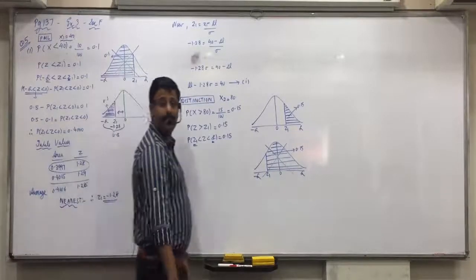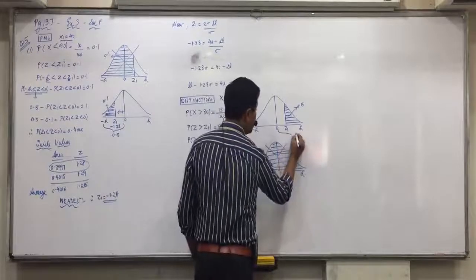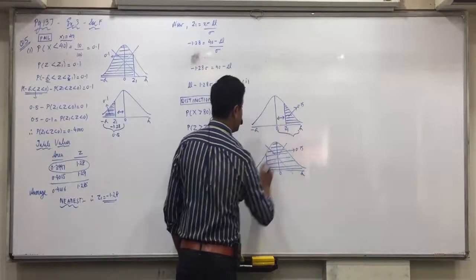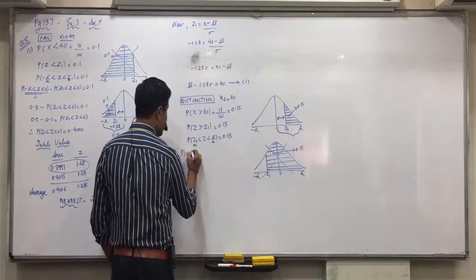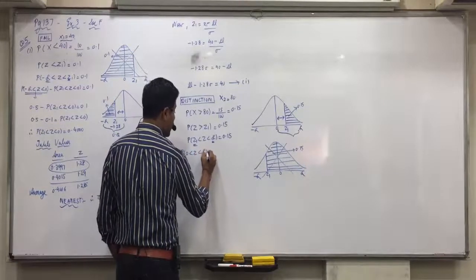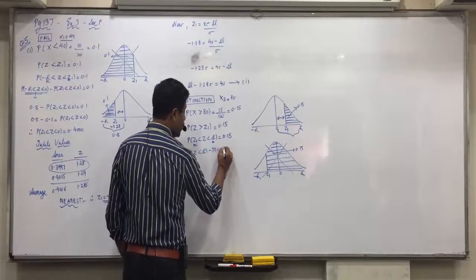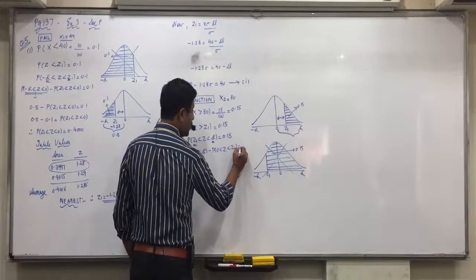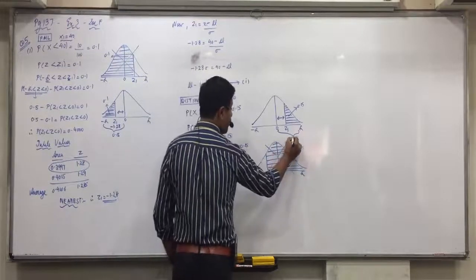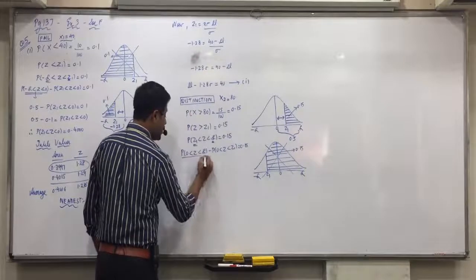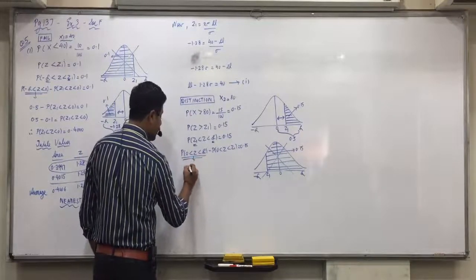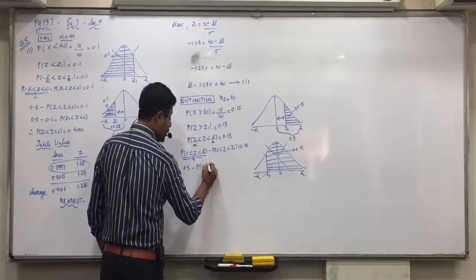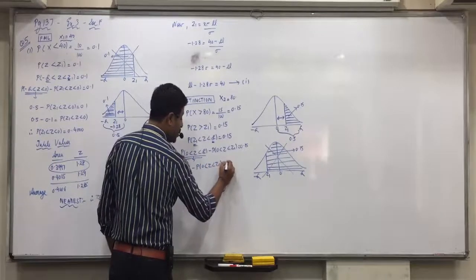In the first one, it should be the difference between the two areas. So P of 0 less than Z less than infinity minus P of 0 less than Z less than Z1 is 0.15. Now we know this area 0 to infinity is 0.5, minus P of 0 less than Z less than Z1 is 0.15.